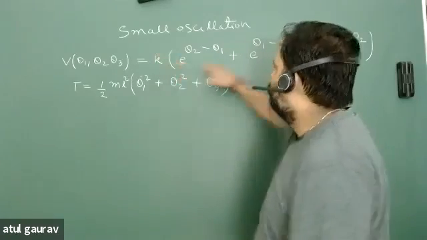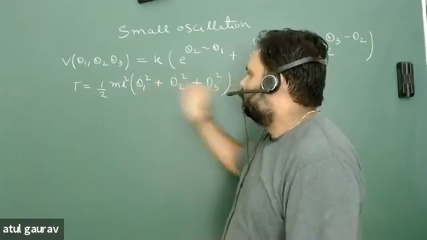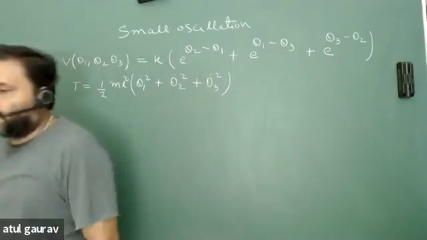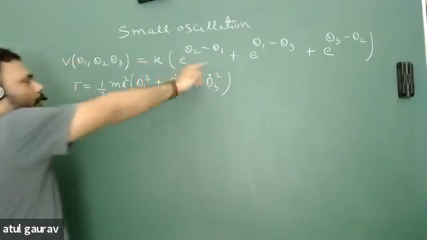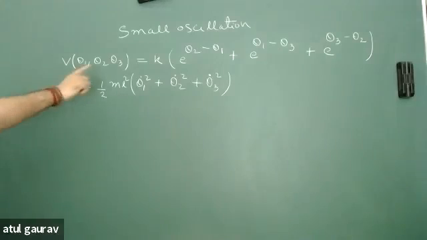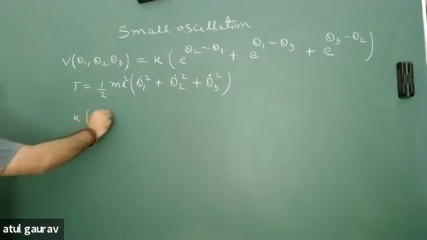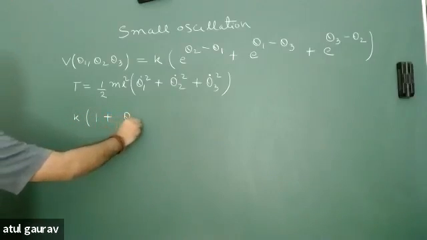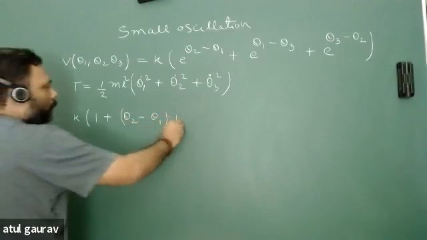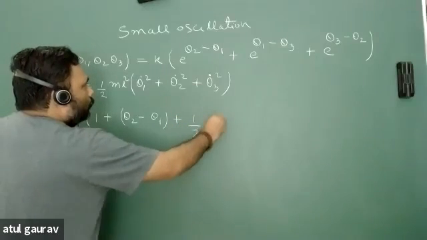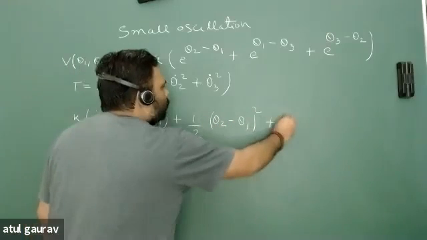So let's go for the Taylor expansion. Here there is not any need of Taylor expansion for the kinetic energy; this is straightforwardly given in terms of theta 1 dot, theta 2 dot, and theta 3 dot. So we can go for the Taylor expansion of the potential. The first term is K times 1 plus (theta 2 minus theta 1) plus 1 by 2 (theta 2 minus theta 1) whole square plus order of cube.